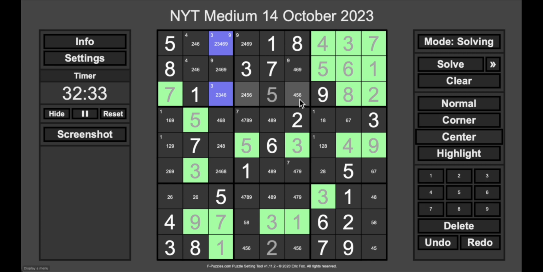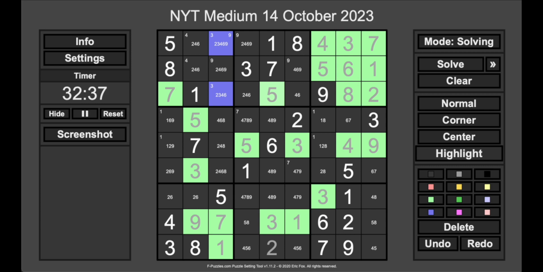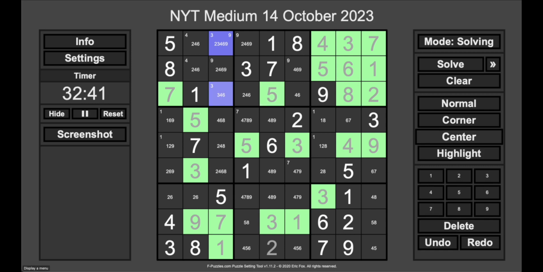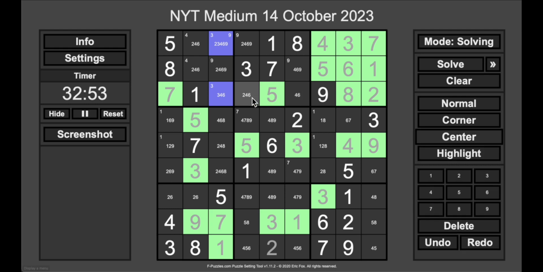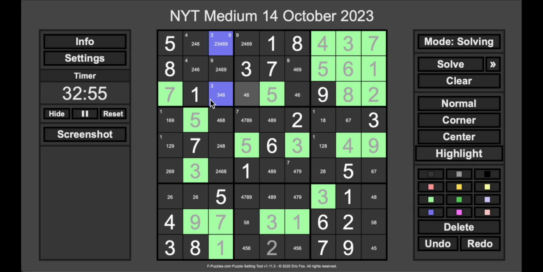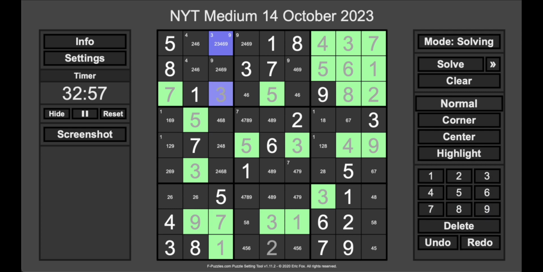Let's see, none of these are 5. What did we say? Well, I think we've now proven, or have we? And we still have 4, 6 here, but that's not 2. So 4, 6, which forces that to be a 3, and that to be a 9.